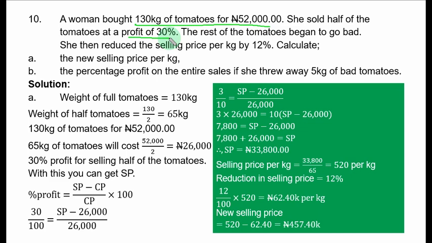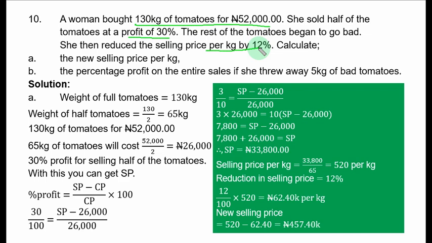She then reduced the selling price per kg by 12%. Calculate A, the new selling price per kg. B, the percentage profit on the entire sales if she threw away 5 kilograms of bad tomatoes.